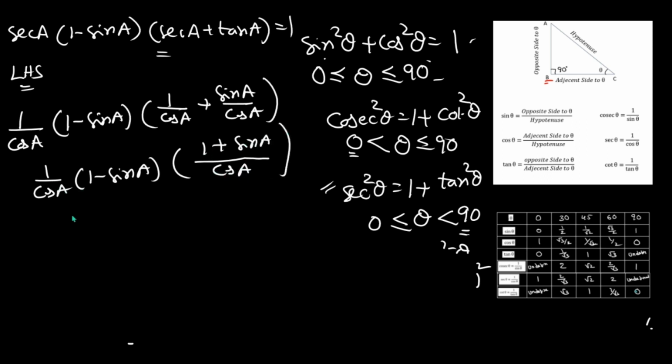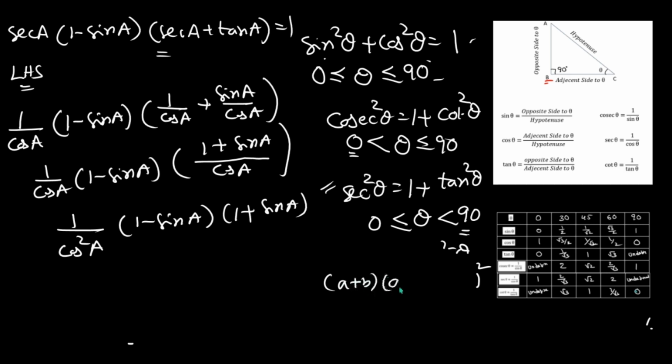So it is 1 by cos square A, cos A into cos A. It became 1 minus sin A into 1 plus sin A, right? This looks like A plus B into A minus B, so what you get is A square minus B square. You can also just multiply like this and sum up, and you'll get the same thing.